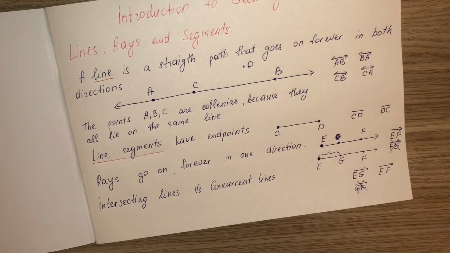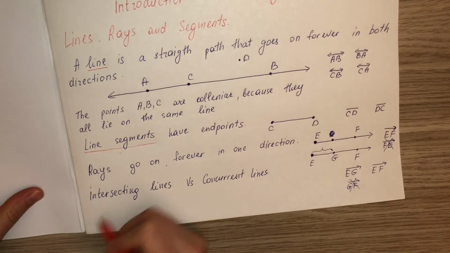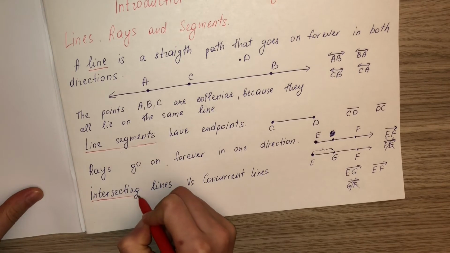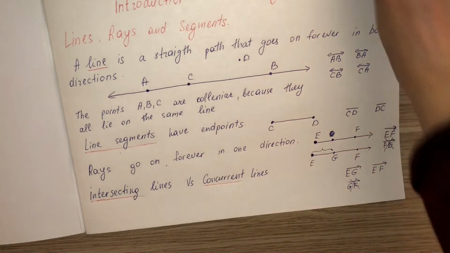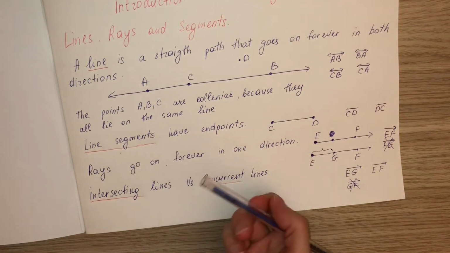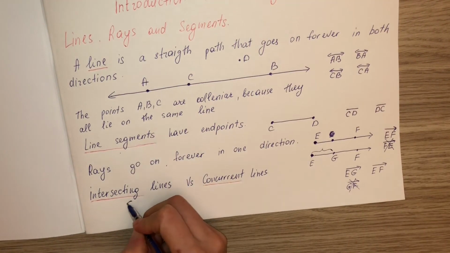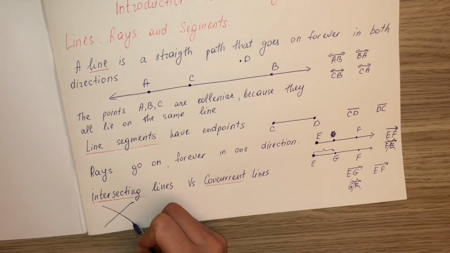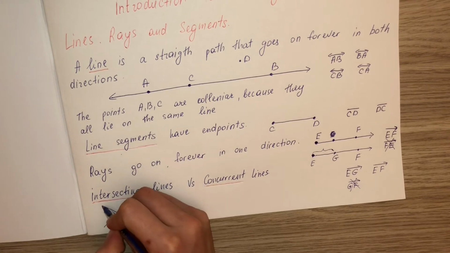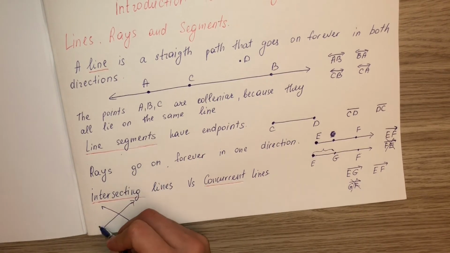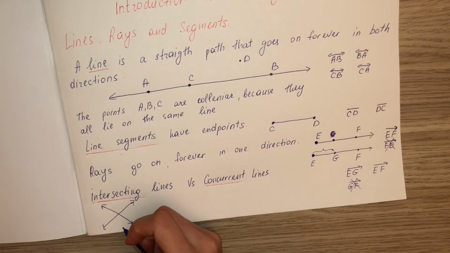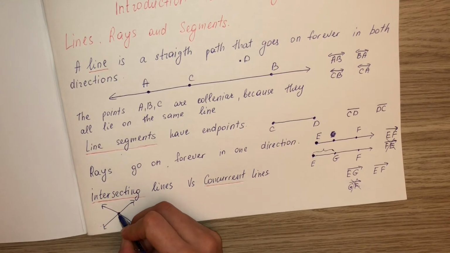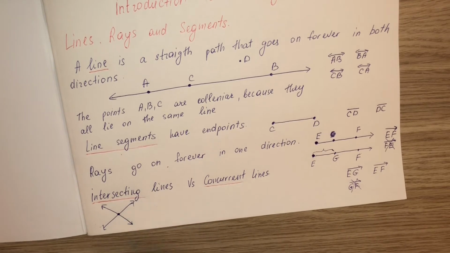So, intersecting and concurrent lines. What are intersecting lines and what are concurrent lines? Intersecting lines are two lines that intersect. If we have two lines intersecting in one point, this is called intersecting lines.